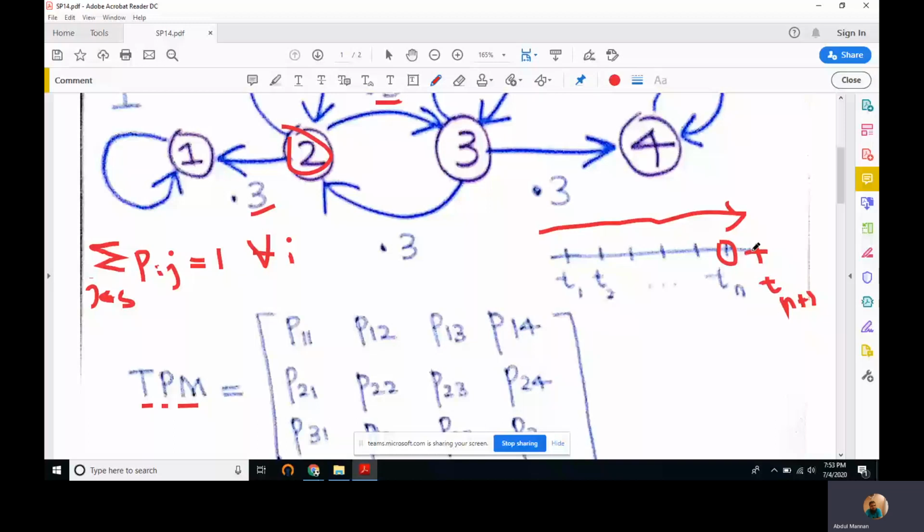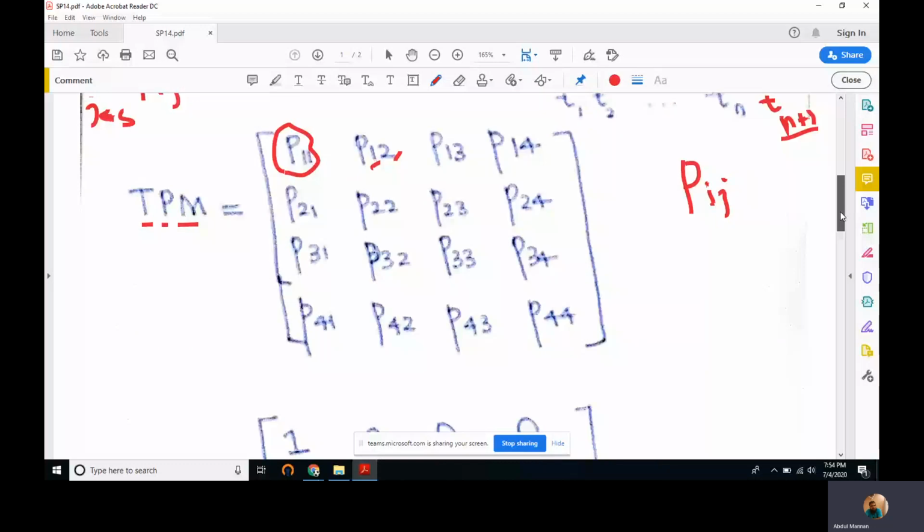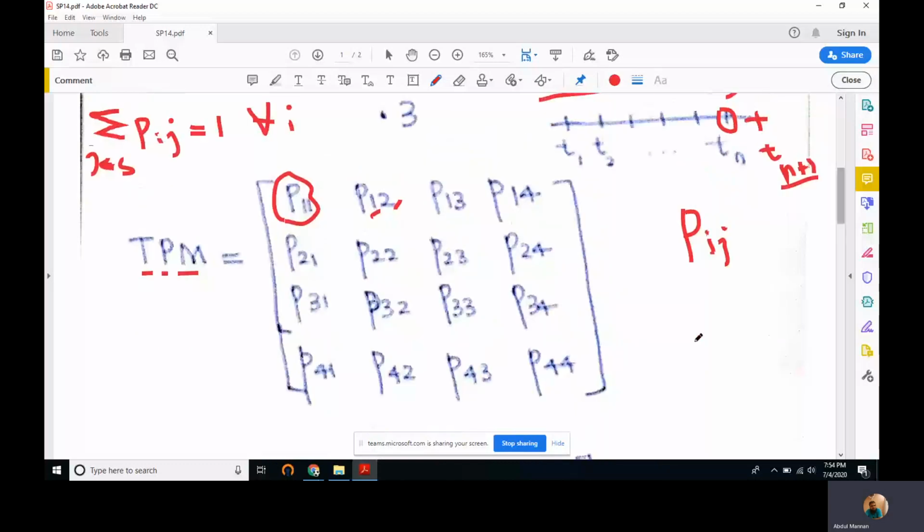We studied Pij in general in the last lecture. We also studied that this matrix is always a square matrix of size m by m, where m is the number of states in the state space.